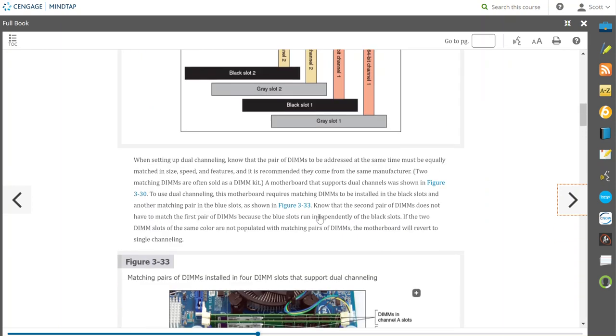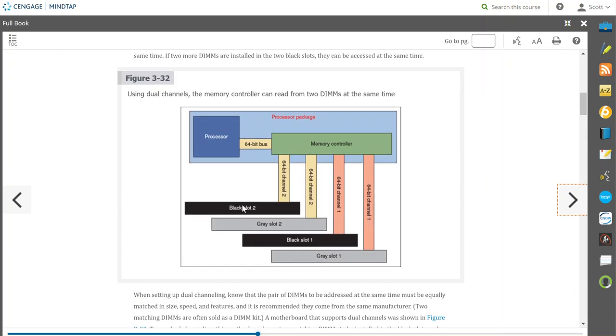Why would I want, if I only had 2 sticks of RAM, would I want to put them both on the same channel? Well, I'm going to want to put them on different channels so that they're, well, let me back up.